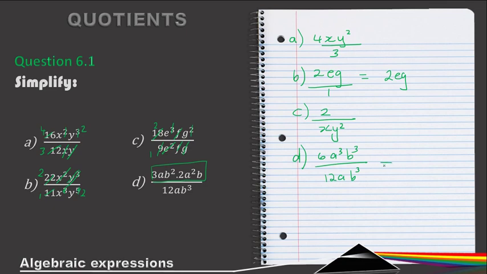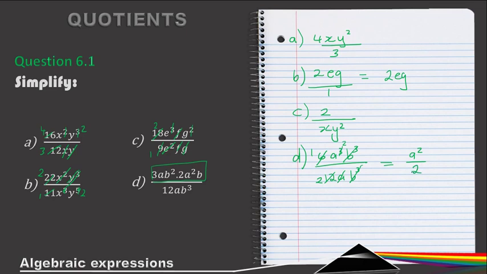So now, if I cancel, 6 goes into itself once, into 12 2 times. These b's cancel each other, and I'm left with 1a here cancelling with 1 at the top, so that's a. Alright, so now we have an a in the numerator and a 2 left in the denominator.